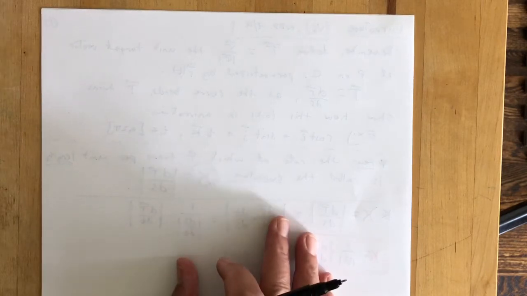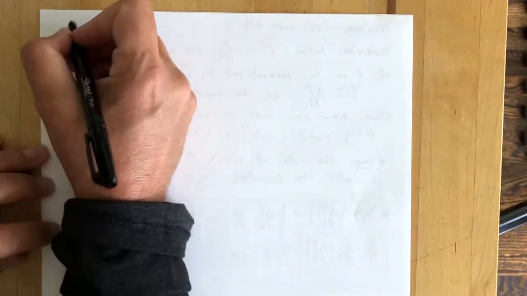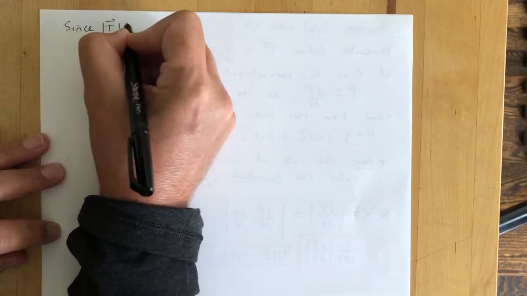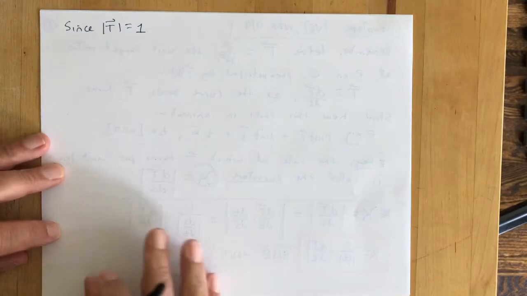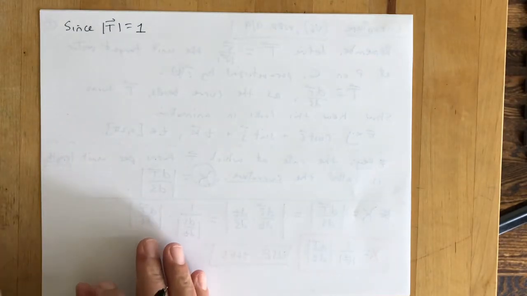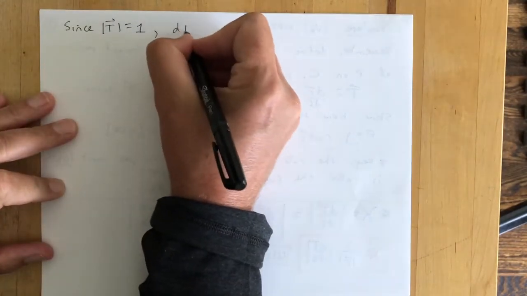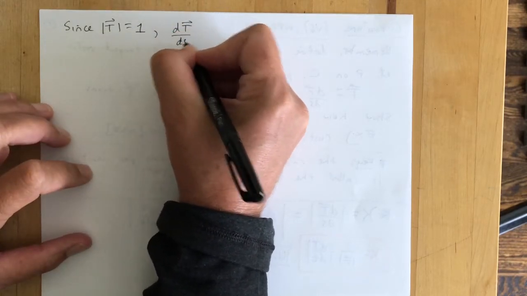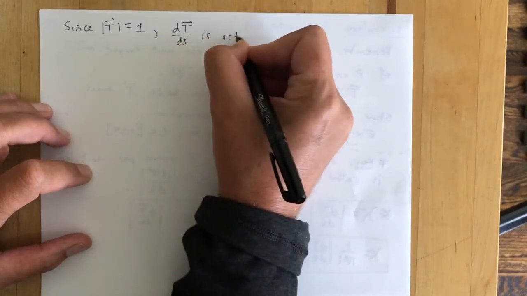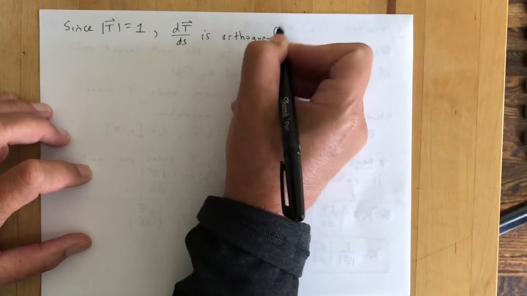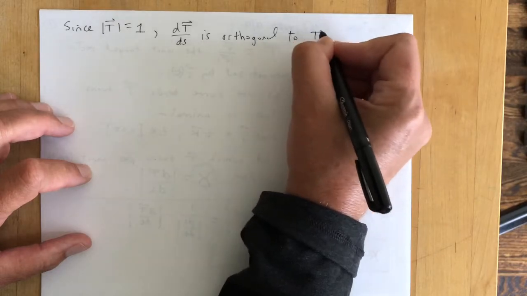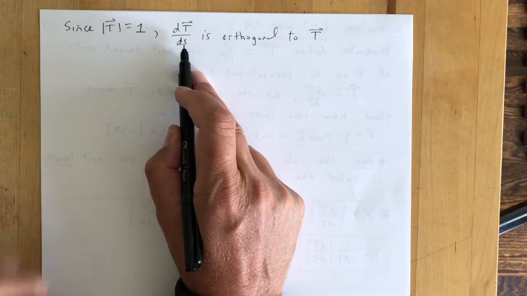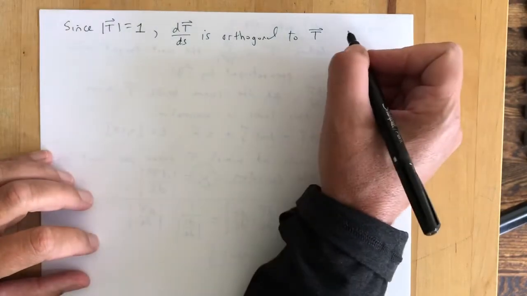So, since the norm of T is 1, it's a unit vector, and dT/ds is orthogonal to T. Let's think about that for a second. Dot product equals 0. Okay.